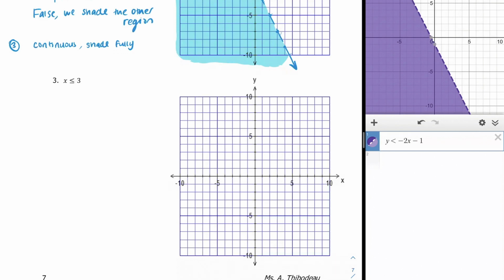Try a test point, whether that test point be 0, 0 when it doesn't belong on the boundary line, or really any test point you want that doesn't belong on the boundary line. And see what side you're shading. You want to get through and practice these on your own. Again, we will still continue doing these examples together, but if you want to press pause now or at any point and try the next one on your own, that would be totally recommended.